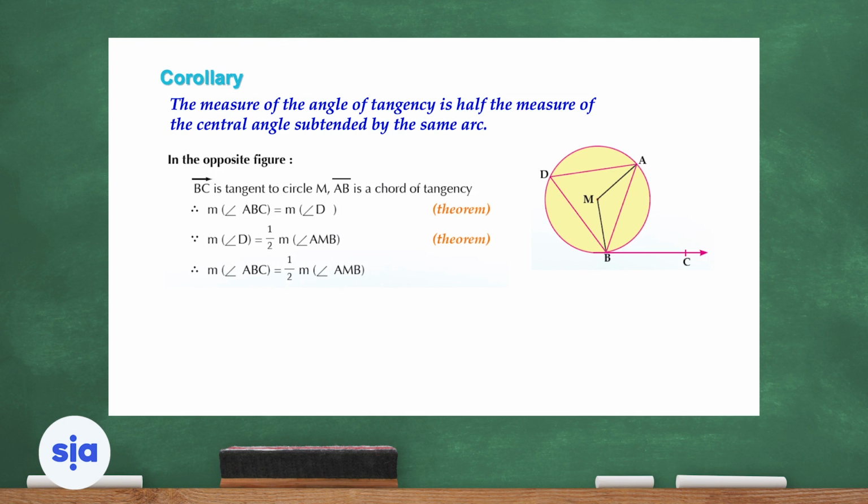They are both meeting at the point of tangency, which is point B. Therefore, the measure of angle ABC is equal to the measure of angle D. And this is the theorem. The measure of angle D equals half the measure of angle AMB. This is another theorem. That's why the measure of angle ABC equals half the measure of angle AMB.